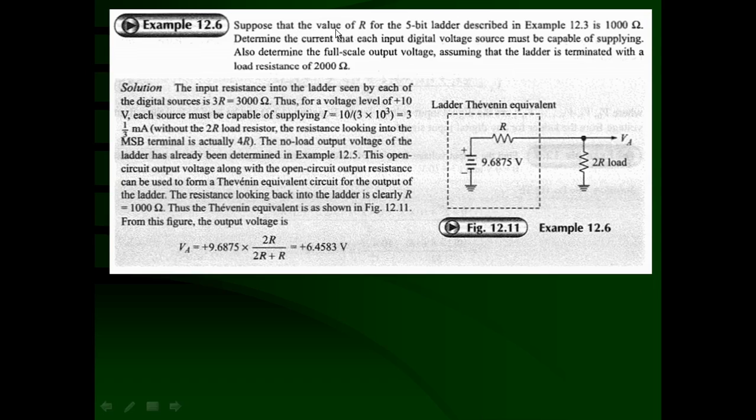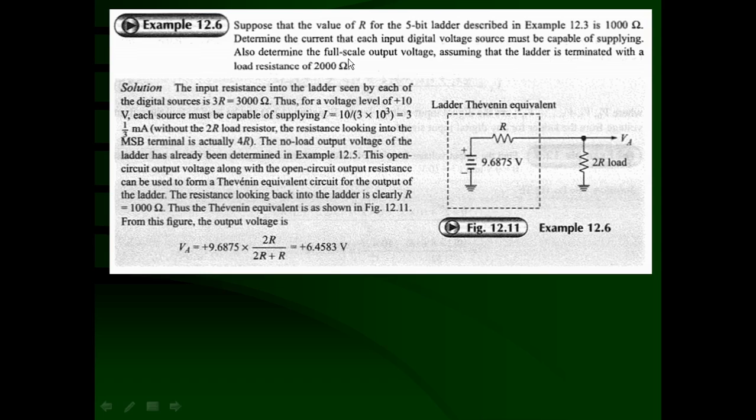Suppose that the value of R for the 5-bit ladder described in example 12.3 is 1000 ohms. So R is equal to 1000 ohms and 2R means 2000 ohms. Determine the current that each input digital voltage source must be capable of supplying.